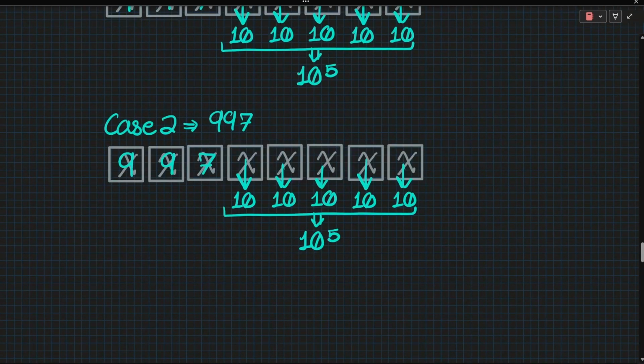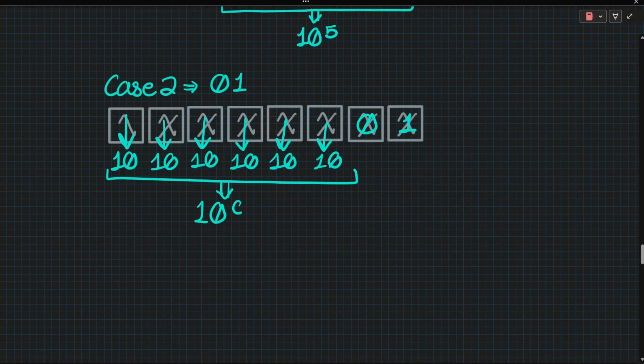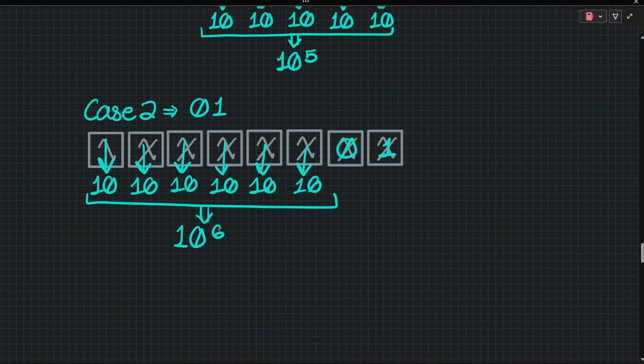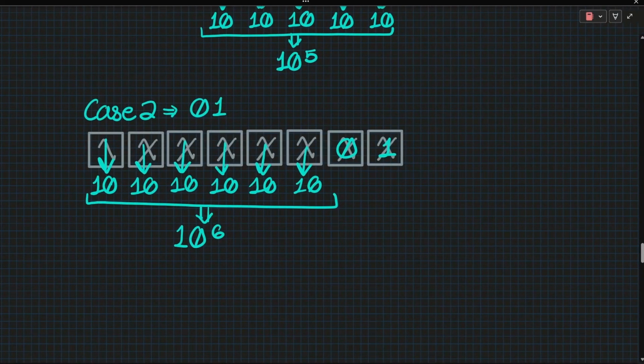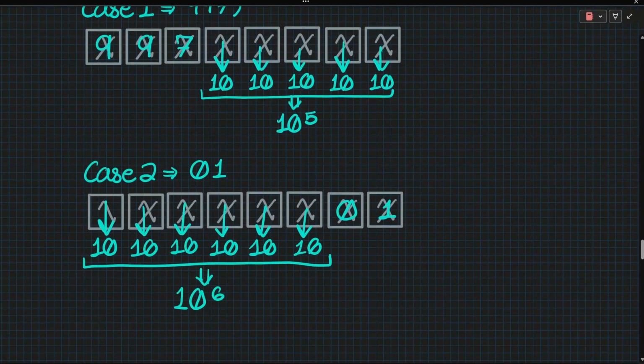Now let's consider case 2. Case 2 is when we know that the last 2 digits are 01, but we still have 10 possible choices for each of the other 6 slots.